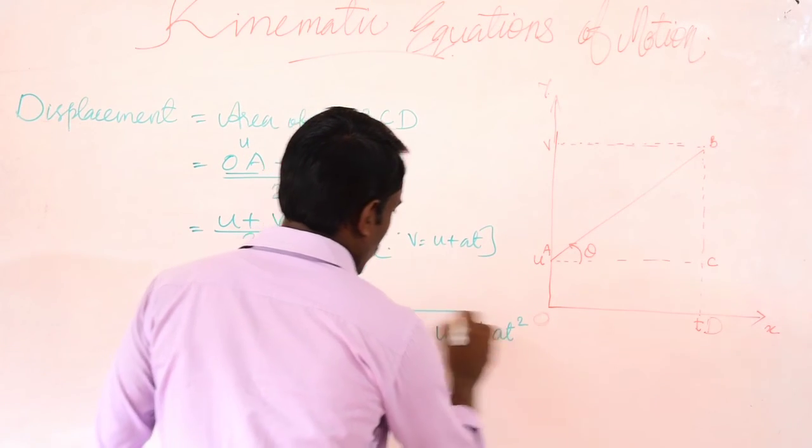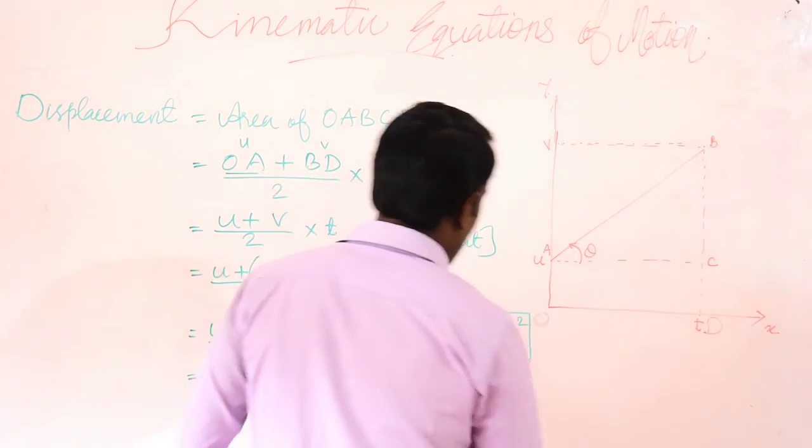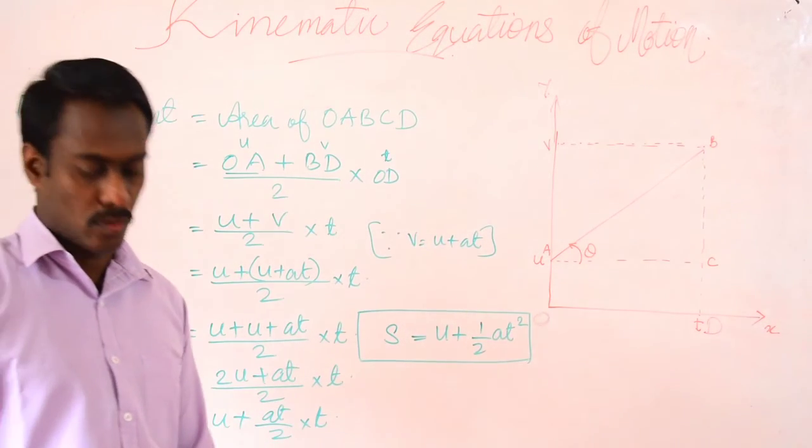The displacement S is equal to UT plus half AT square. That is the second equation of motion.